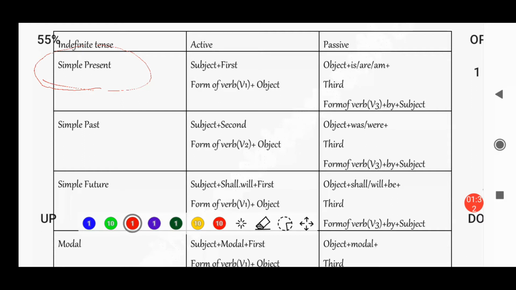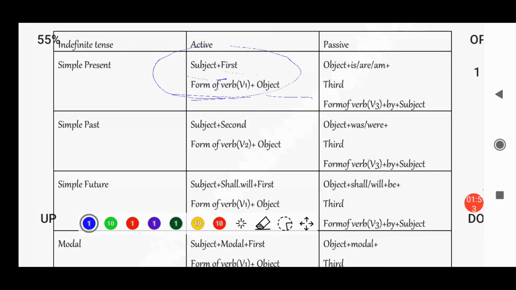Basically, what is the formula for the active form? Subject plus verb first form plus object. Suppose, he plays cricket. Simply, it is the active form of the simple present tense: first comes the subject, then the first form word, then the object.